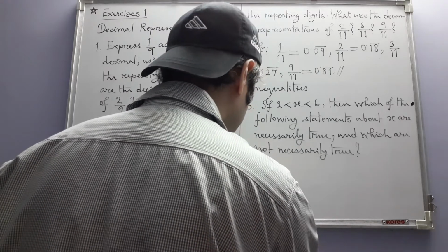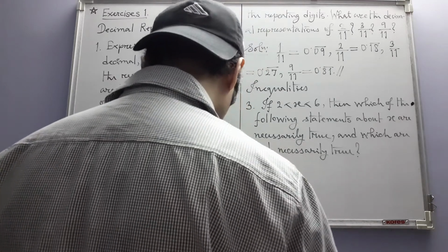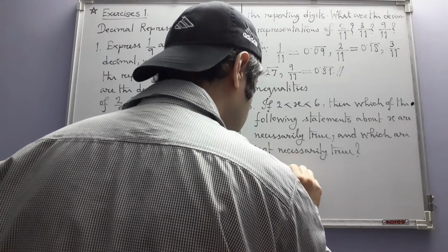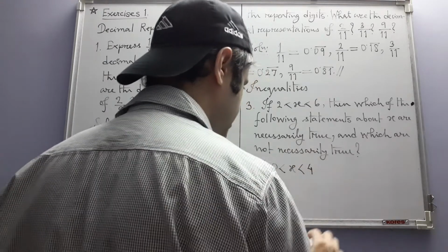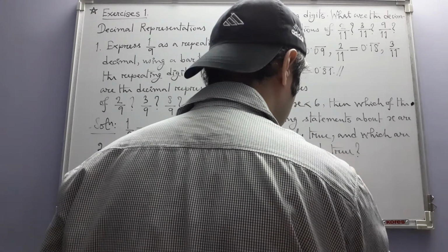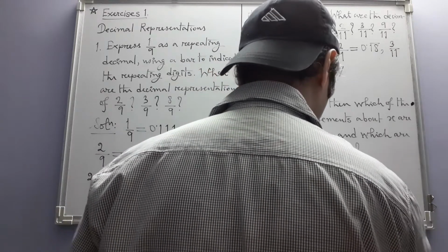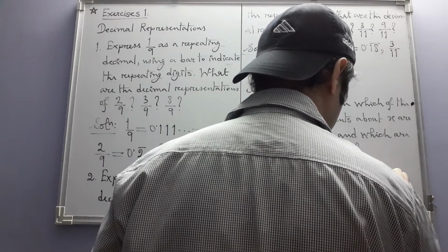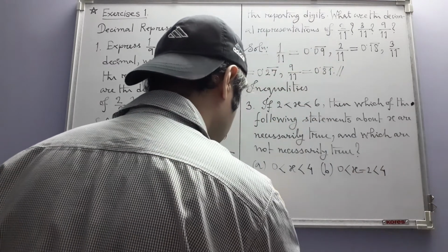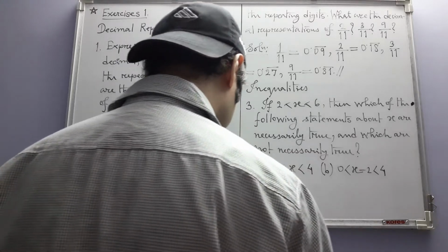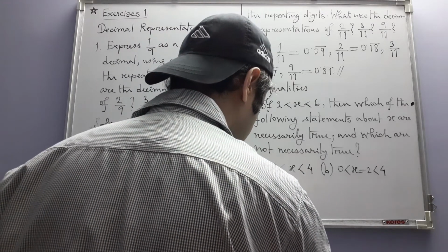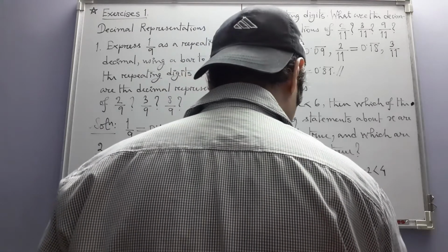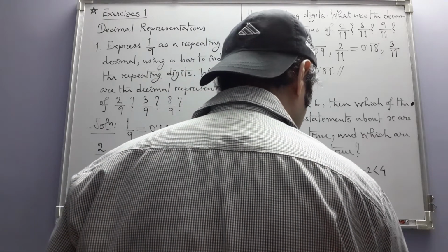So these are the statements. A, 0 is less than x, x is less than 4. B, 0 is less than x minus 2, which is less than 4. C, 1 is less than x divided by 2, which is less than 3.